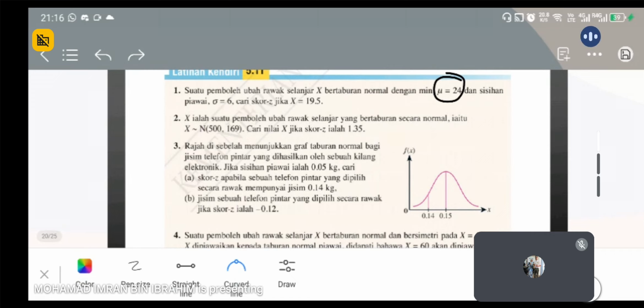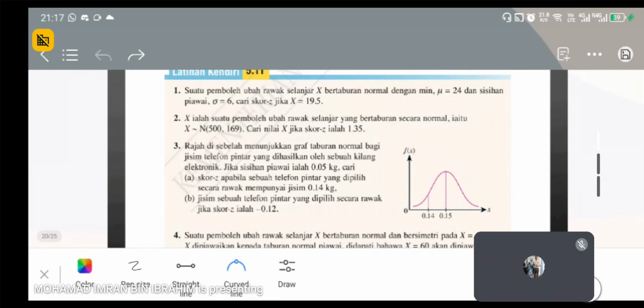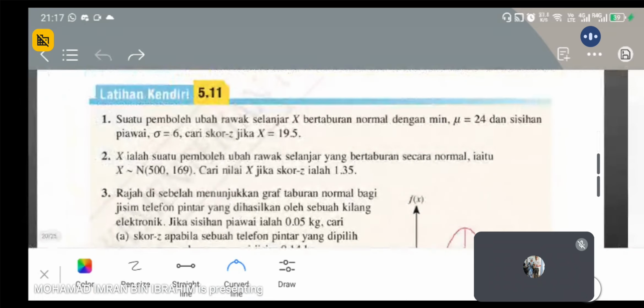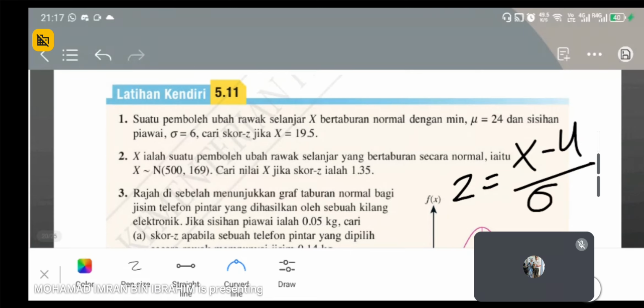So we have our mean, we have our sisihan piawai, and we also have the X value, so we can put inside the formula that I give, right? Which is Z equals X minus mu per sisihan piawai.